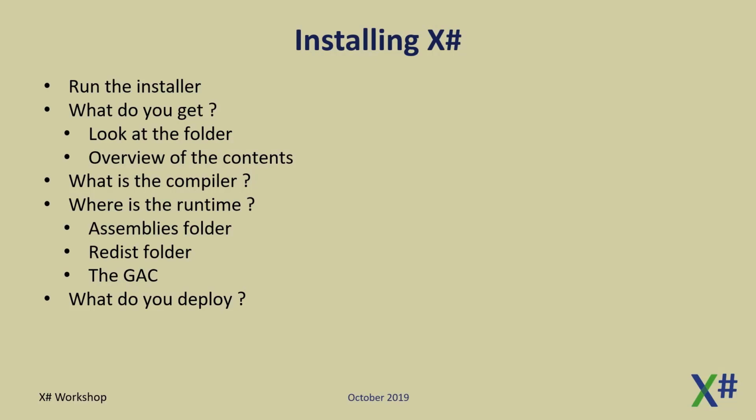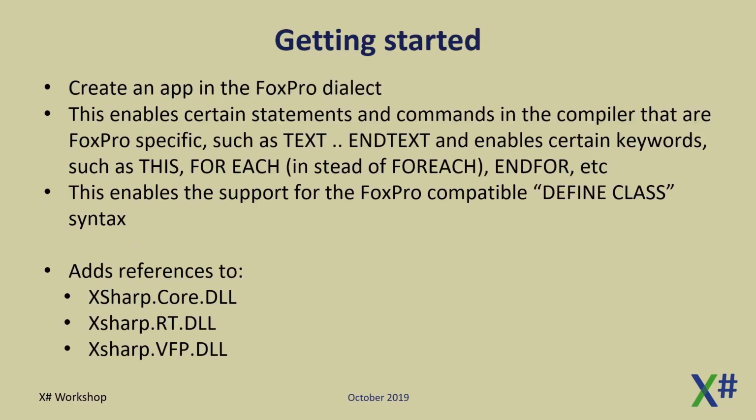And whenever Windows doesn't know where to find something, it always looks in the GAC, which is nice, unless you have updated your assembly and there's an older version in the GAC, because it doesn't tell you, but it will not pick your new version. It will take the one from the GAC. So that's why you can choose not to install in the GAC. What you deploy is your code plus what's in the redist folder whenever you need it. Our documentation has a list of all the assemblies and what they are good for.